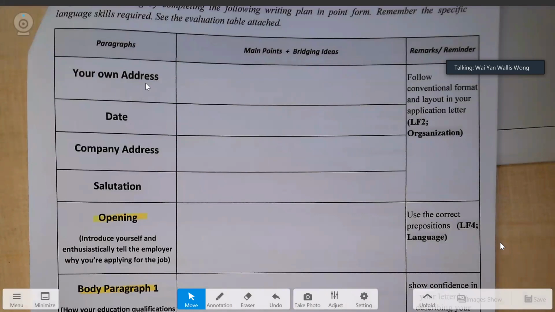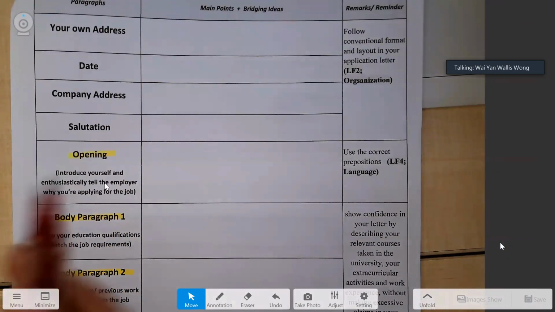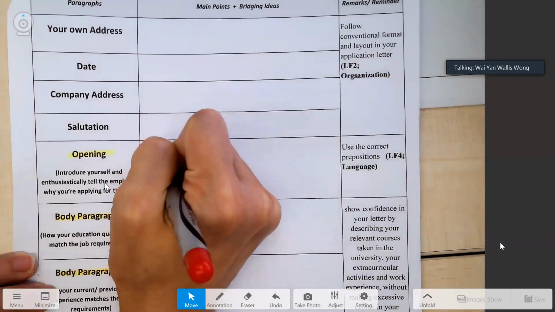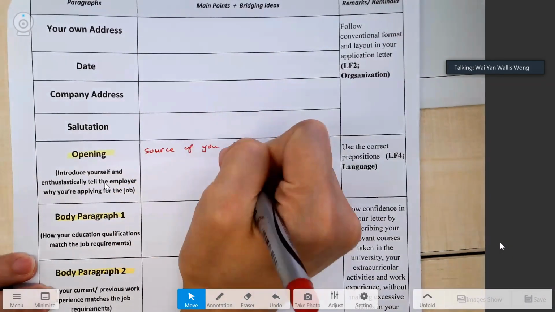Now you write down the address, the date, the company's address, which means that you need to create one, or you use the one on your job ad. Salutation: dear madam, sir, or you know the name. Opening: many of you forget to write down the source of your job ad.